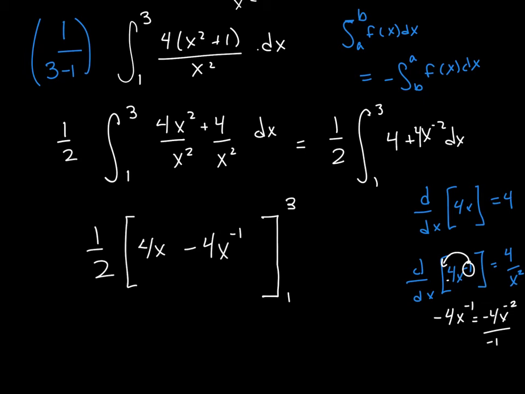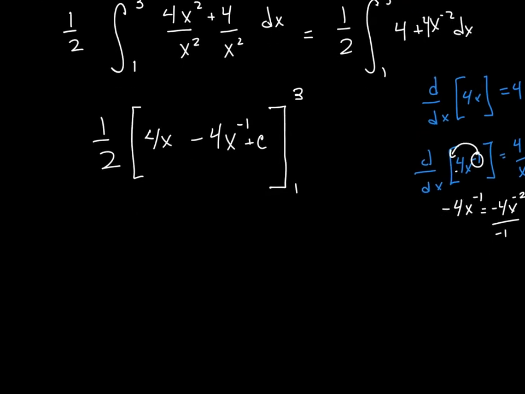Whenever you have a definite integral, you don't need the constant of integration. Let's say there was a c here, I'll do it like this so you can see what would happen. If there was a c, that 1/2 would stay here. I plug this in: that would be 4 times 3 minus 4 times 3 to the negative 1 plus my constant.